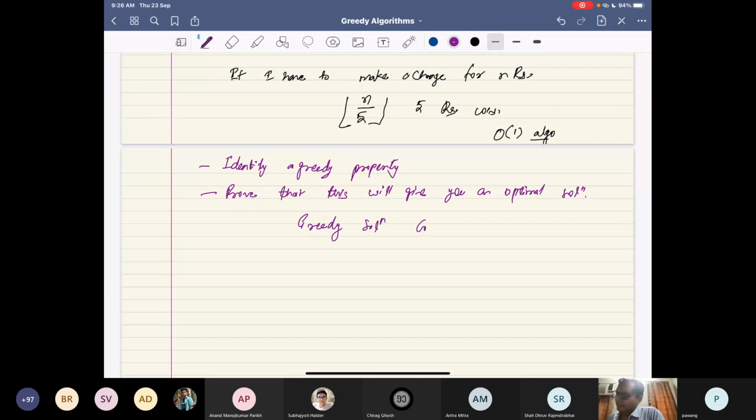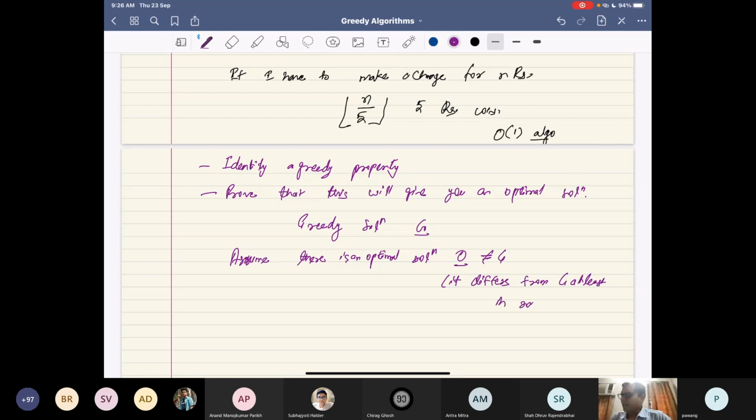You can call it G. To prove that this is optimal, assume there is an optimal solution O that is not the same as G. That means it differs from G at least in some way.